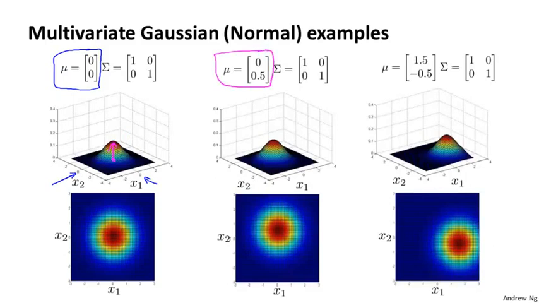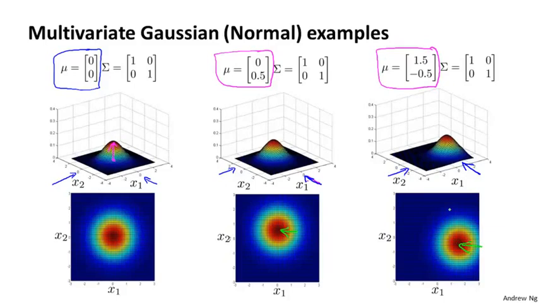If mu equals 0, 0.5, the peak is at x1 equals 0 and x2 equals 0.5, so the center of this distribution has shifted. And if mu was 1.5, -0.5, then again the peak of the distribution has shifted to a different location, where x1 is 1.5 and x2 is -0.5. So varying the mu parameter just shifts around the center of this whole distribution.